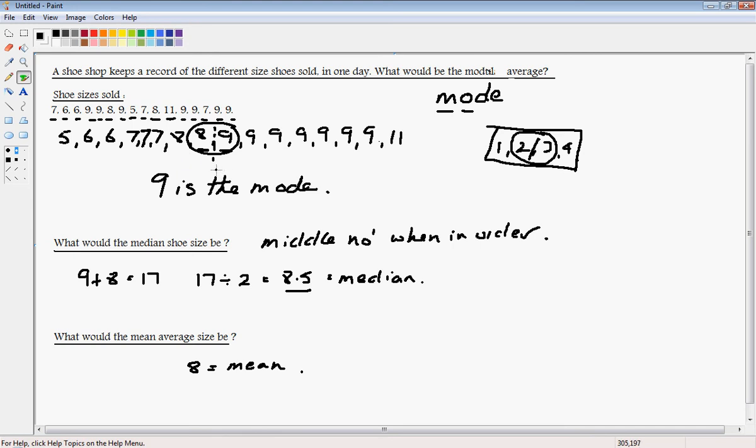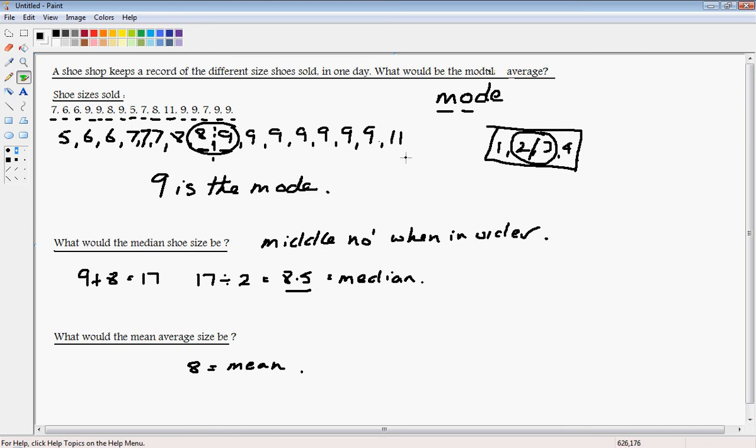So I do hope that you can see that if we find the mode, MO, it's the most often occurring number. So we rewrite the numbers so that we can see what we've got. We can see here we've got more 9s than anything else, so 9 is the mode.